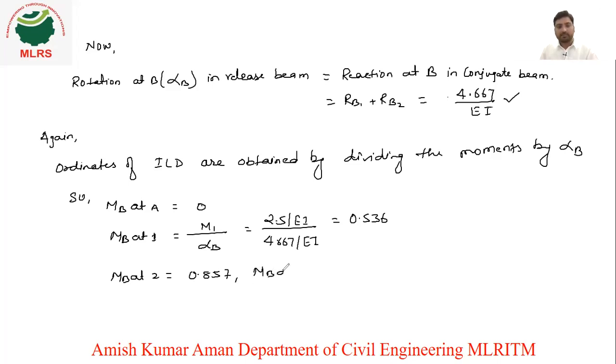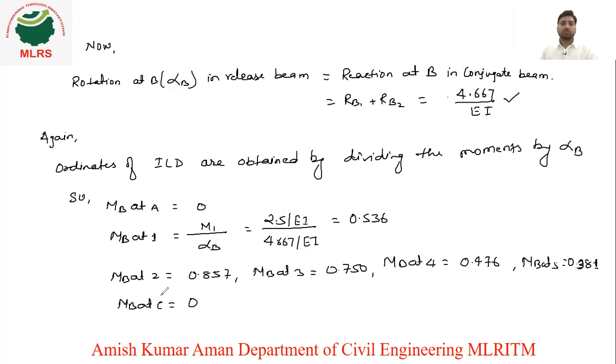MB at 3 will be 0.750. Next, MB at 4 will be 0.476. Similarly, MB at 5 will be 0.381. And MB at C will be equal to 0, right? So we are done with this, and MB at B is also equal to 0.